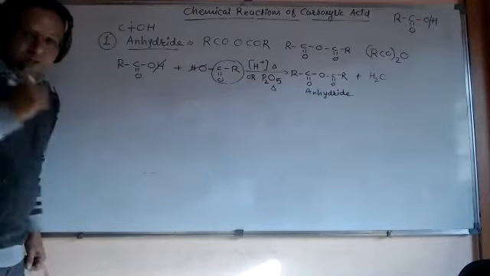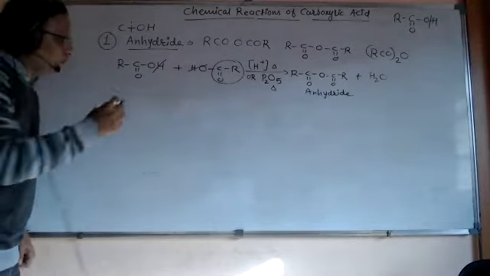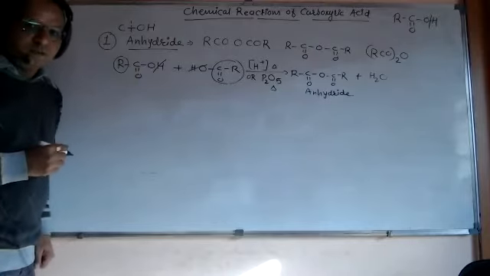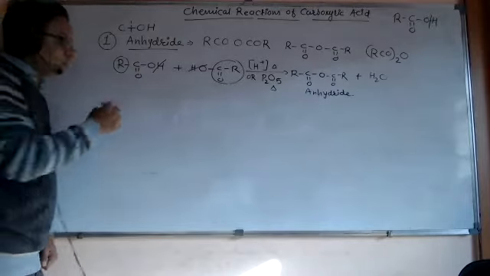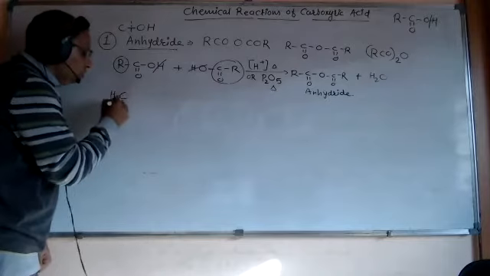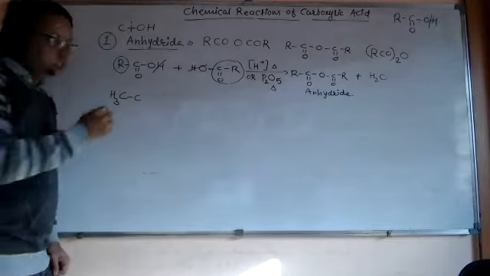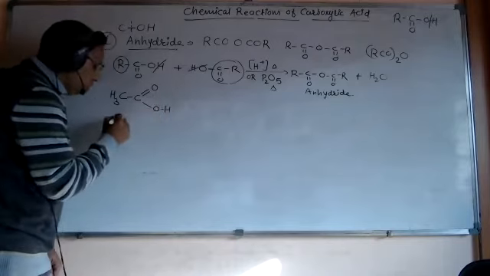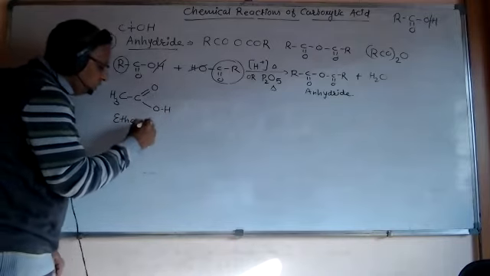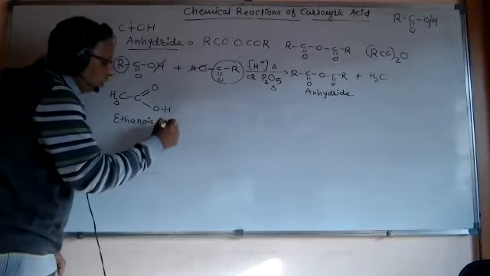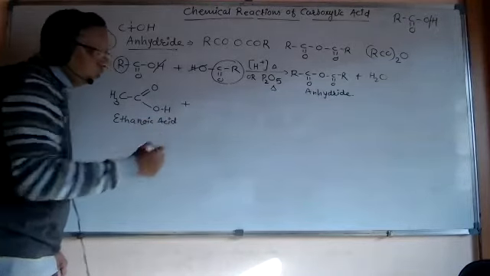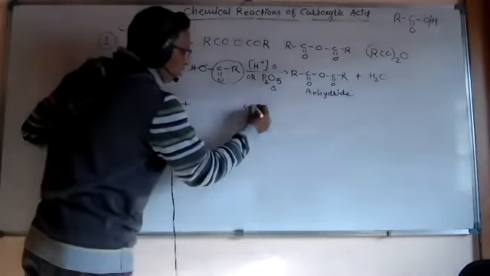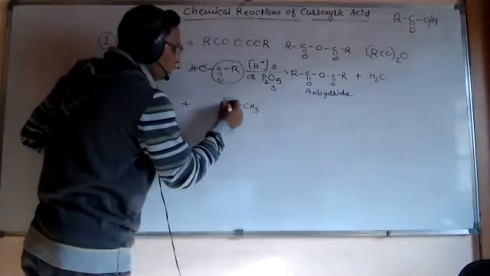Let's take one simple example of it by considering CH3 instead of R. Then this is CH3COOH. This is called ethanoic acid, IUPAC name, or, friends, it is also known as acetic acid. One more molecule of acetic acid is to be taken here.